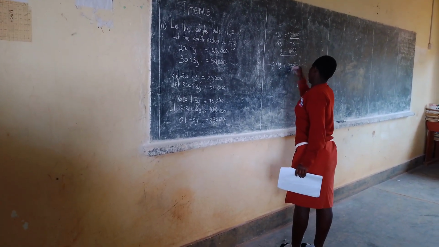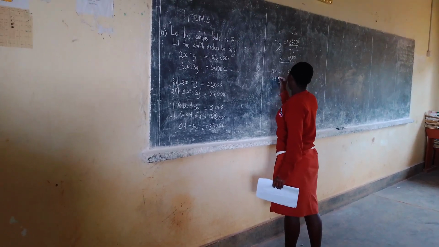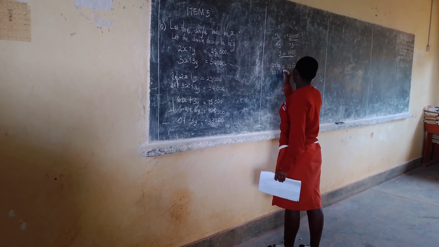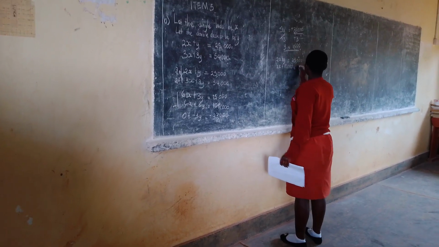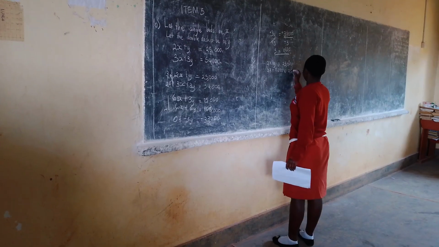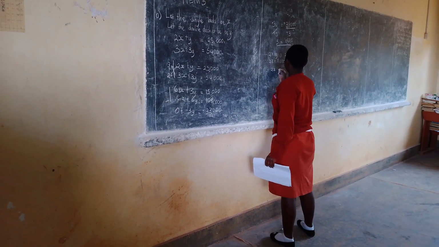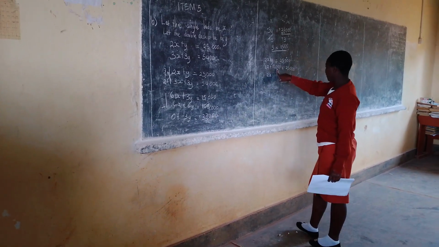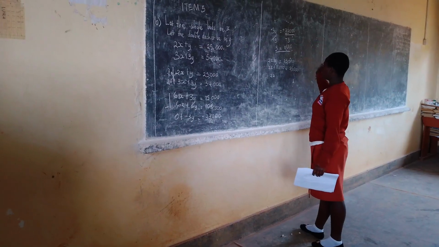So we don't have the x, but we have our y as 11,000. So we are going to collect the like terms together, and this 11,000 is going to be transferred to the right hand side.